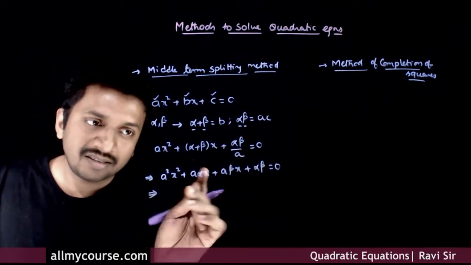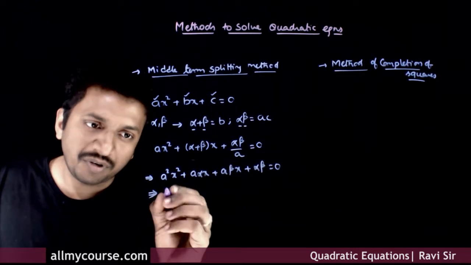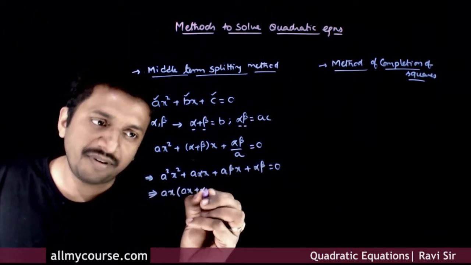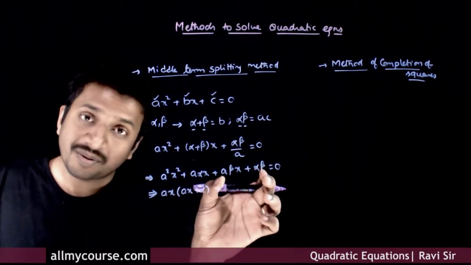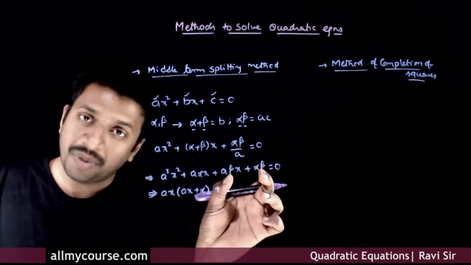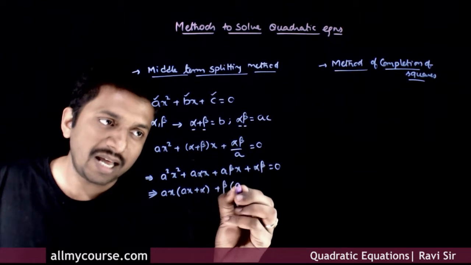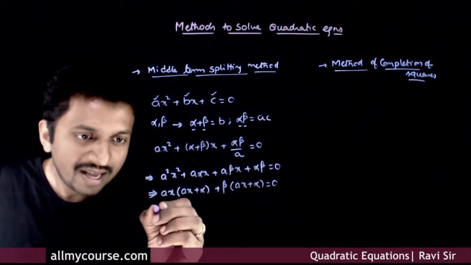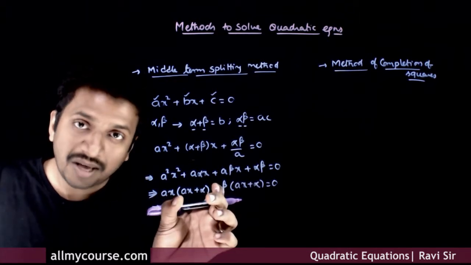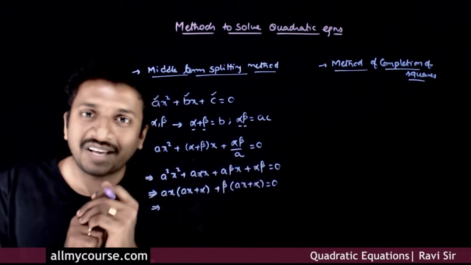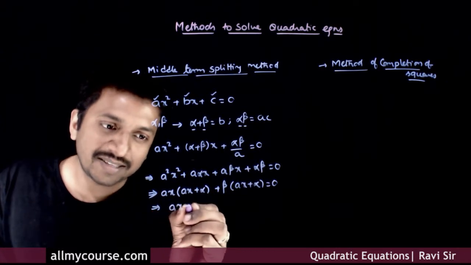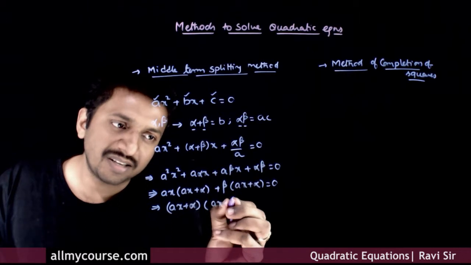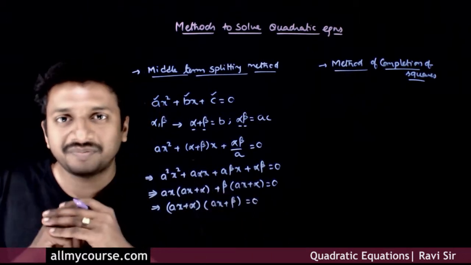From these two terms, if you take ax as common, ax times ax plus alpha, plus, from these two terms you can take beta as common, beta times ax plus alpha, is equal to 0. Here also you have ax plus alpha, so you can take ax plus alpha as common, times ax plus beta, is equal to 0.